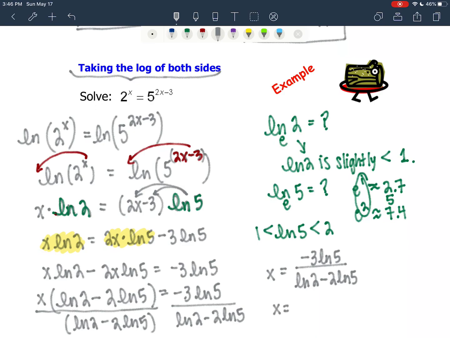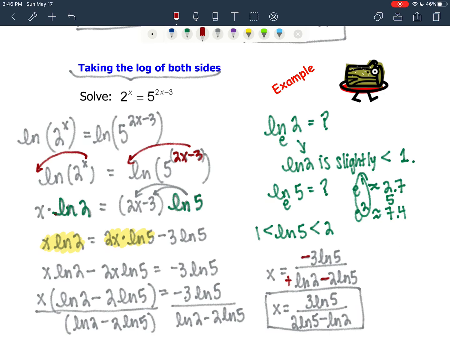Had we moved some things to the opposite side, we would have different signs. We might have a positive 3 natural log of 5, a negative natural log of 2, and a positive 2 natural log of 5. This would probably be an answer that you would see in the back of a book, because this answer has just one too many negatives.